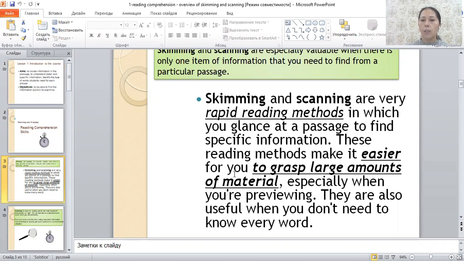Because of these useful strategies, you can find all the information which you are required to know very quickly. And the easiest way for you to learn the strategies is to grasp a large amount of materials. The more you practice, the better you become at skimming and scanning.